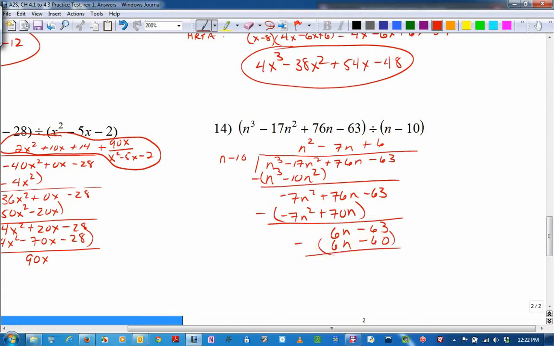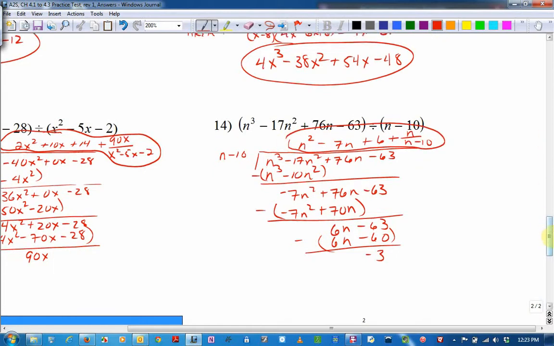So I'm subtracting. 6 minus 6 is 0. Negative 63 minus a minus 60, that's plus 60, so I get a negative 3 as a remainder. So my answer is going to be, then, I'm going to add to that my remainder over n minus 10. And that would be my answer.